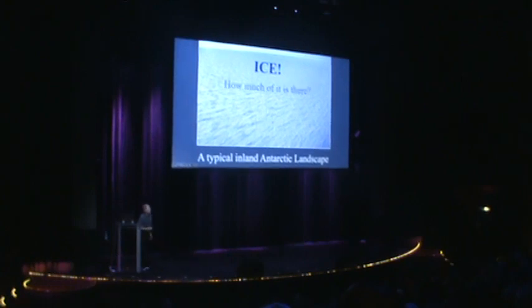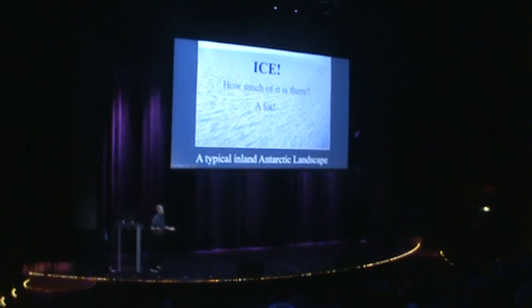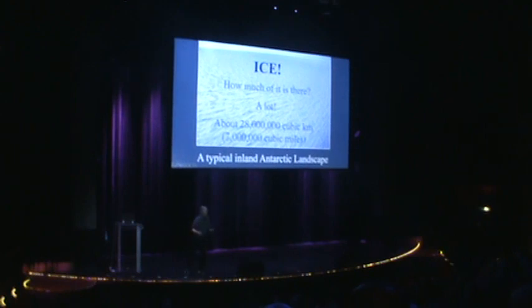So, a pretty obvious question is how much ice is there? And from all the pictures I've showed you so far and the numbers and the illustrations, there's quite a lot. If you want to put that in numbers, which frankly mean almost nothing, 28 million cubic kilometers, well, I'd have a bit of a job visualizing exactly what that is in terms of Olympic swimming pools.